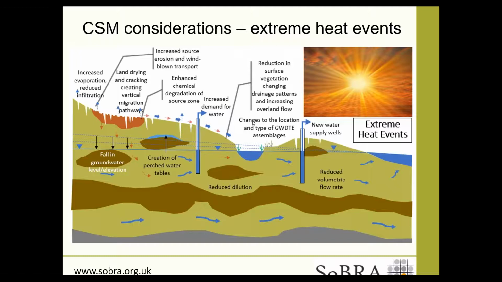And then within the subsurface, groundwater levels could fall. That could result in the creation of perched water tables, depending on what your geology is like. You might also see an increased importance and reliance on groundwater abstraction to sustain water supplies. And also you may get reduced dilution and groundwater flow rates.